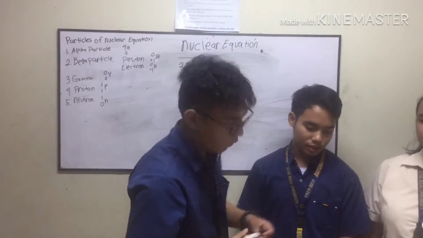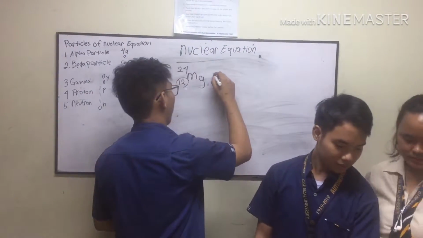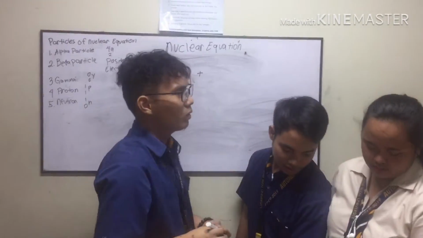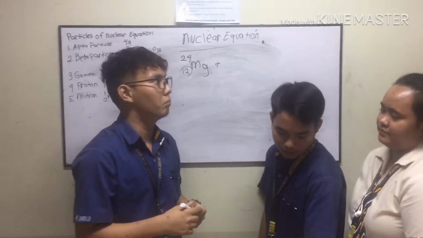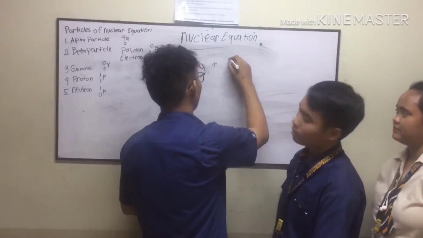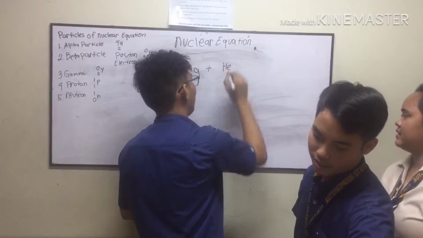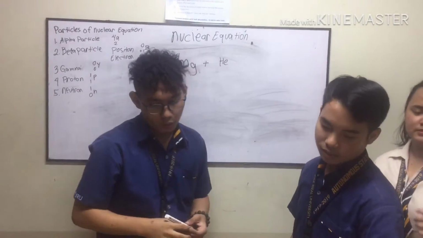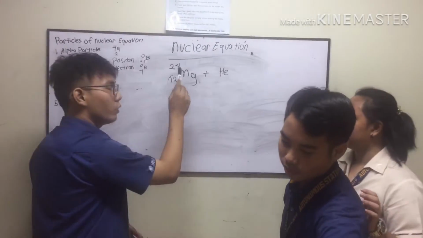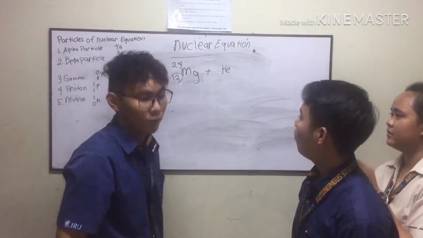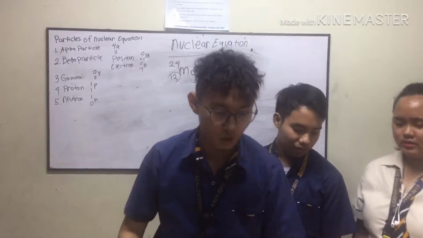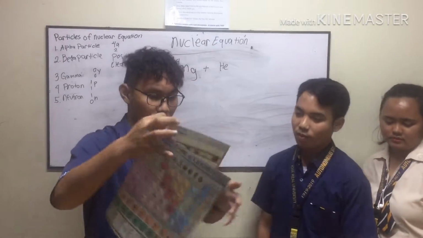And give me another element. The problem says magnesium reacting with a stable form of helium. What is helium? He, right? Yes. Where did we get the 24? That's the question. So let's find He.